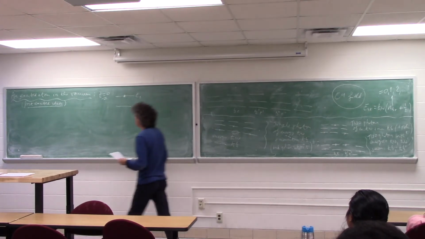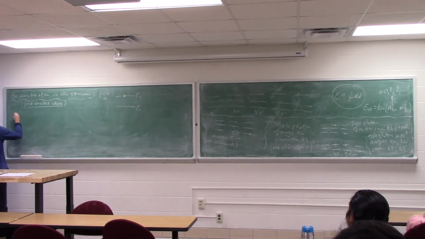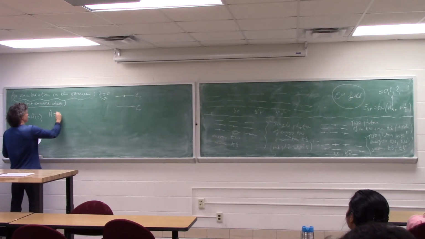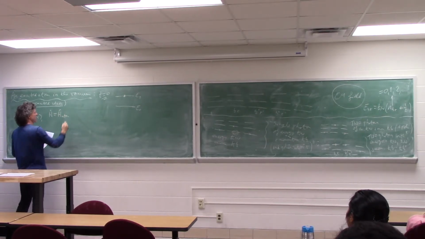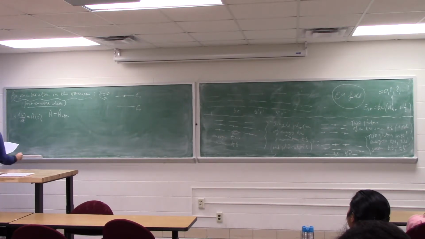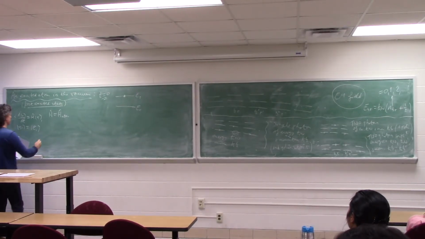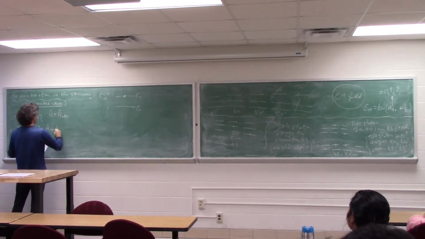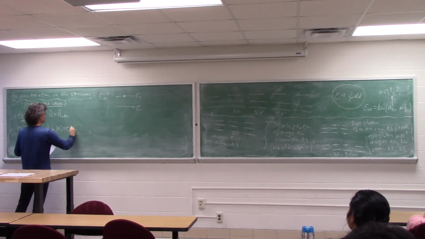An atom is in the excited state. You might say, hang on, if I have my usual Schrödinger equation, and the Hamiltonian is just the usual Hamiltonian for the atom, and psi at time 0 is an energy eigenstate, so H hat atom acting on psi 0 is E1 psi 0.